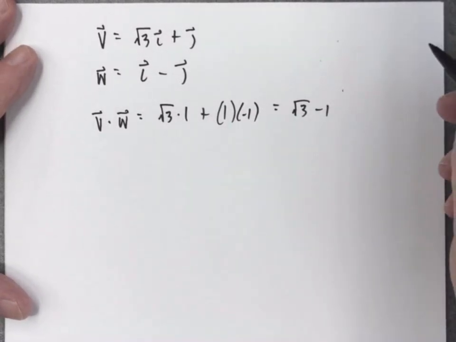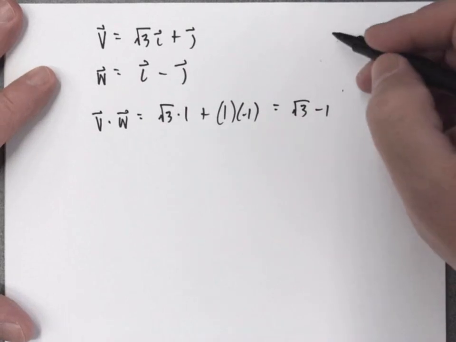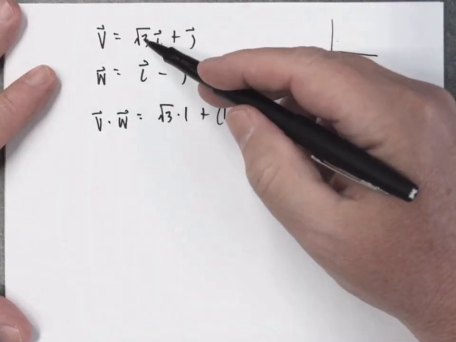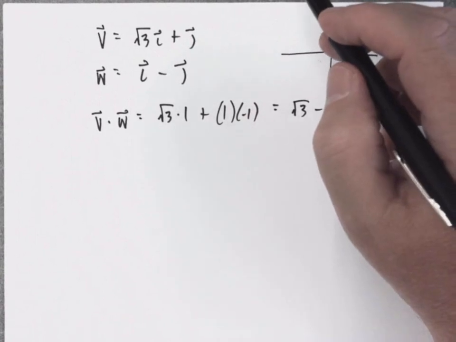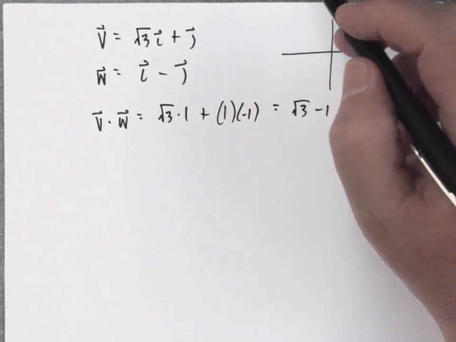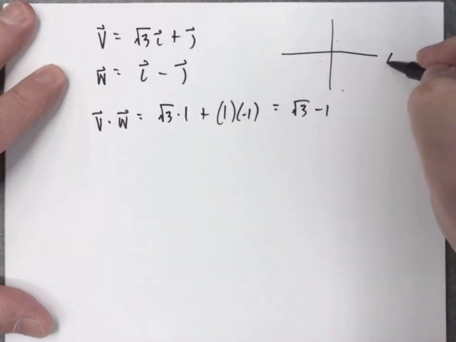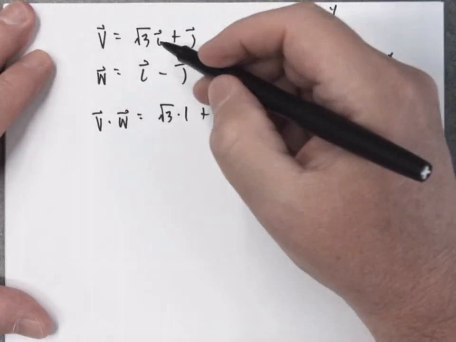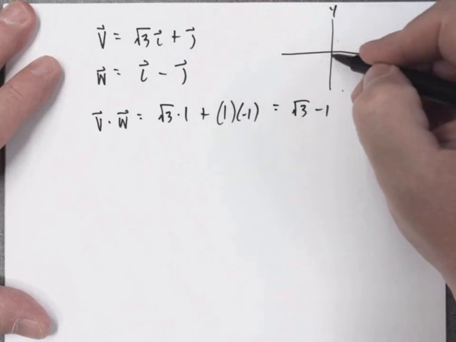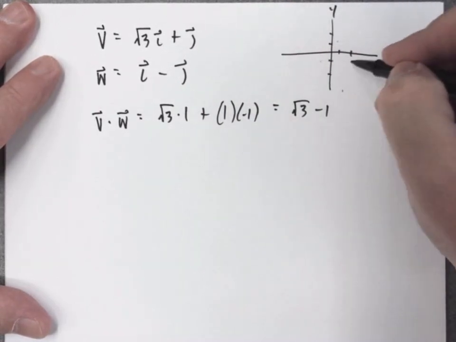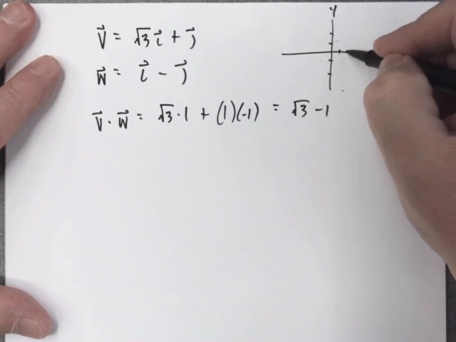So now they want to know the angle between these two vectors. And once again, just as a sanity check, square root of 3, I have my calculator, is like 1.7. So if you can imagine, this is like 1.7 and 1.